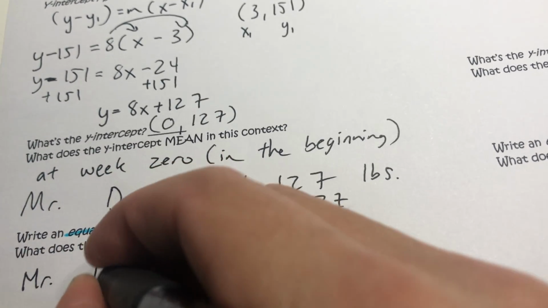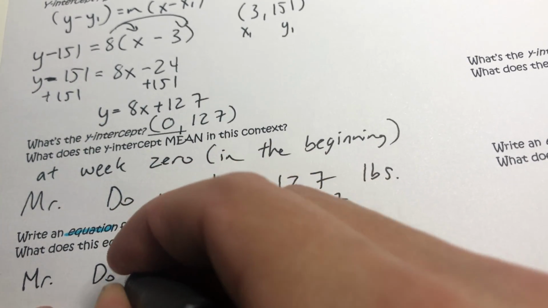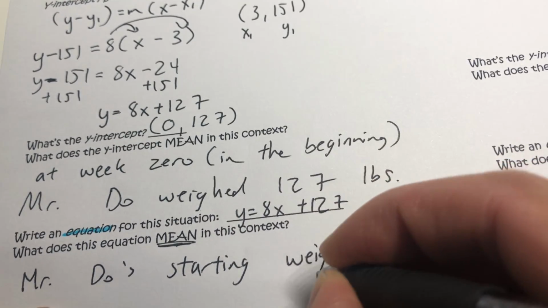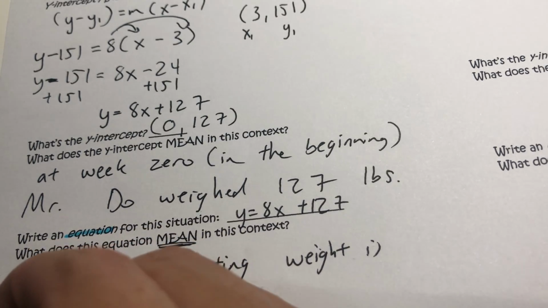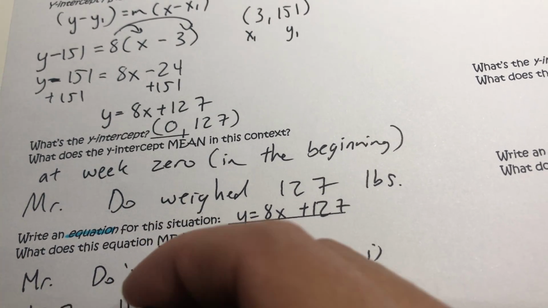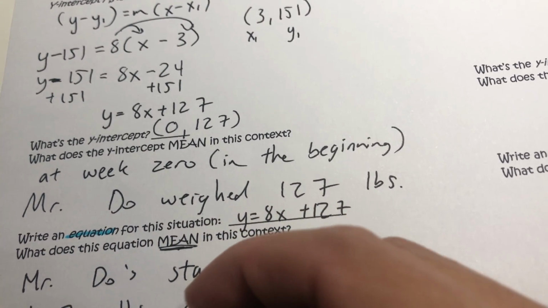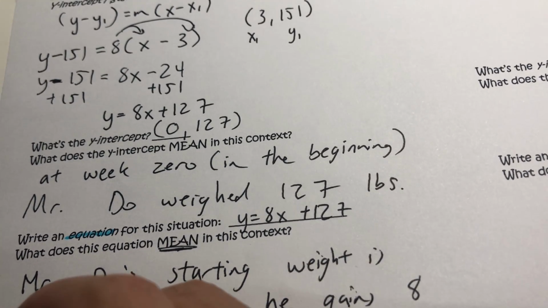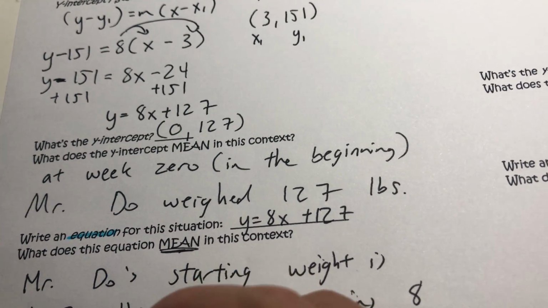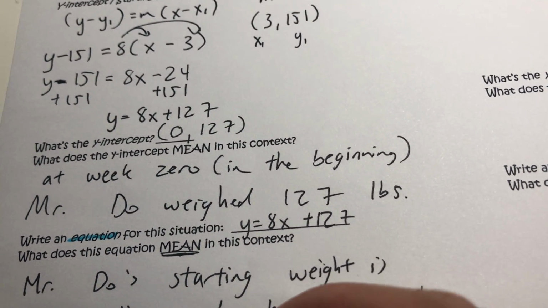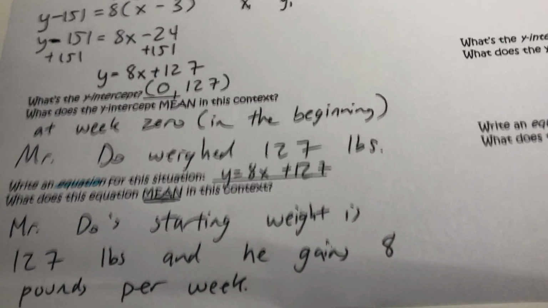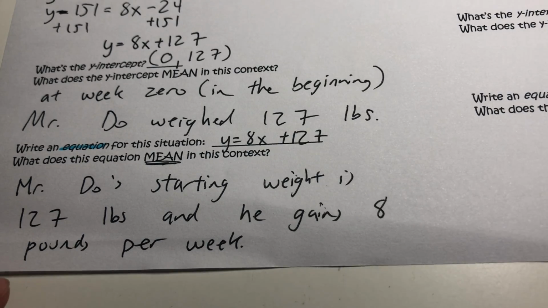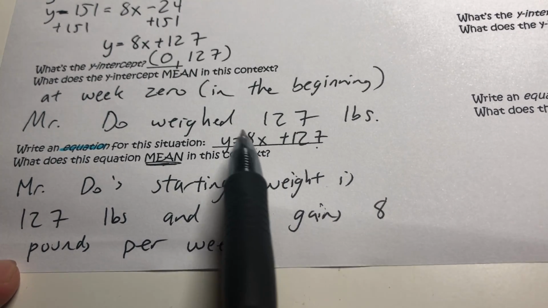The equation means Mr. Doe's starting weight is 127 pounds, and he gains 8 pounds per week. And I always forget to readjust the camera. So here you go. He starts at 127, and each week he gains 8 pounds.